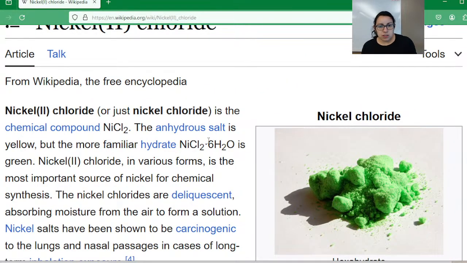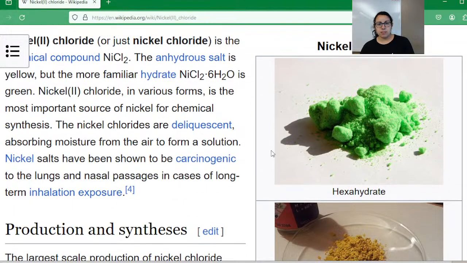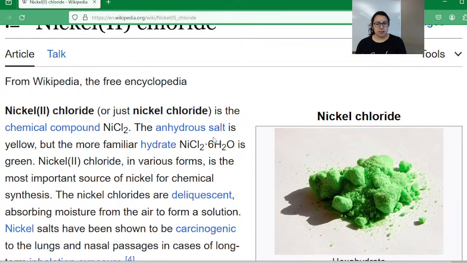But that dot signifies that the water is complexed to our nickel chloride, so it's essentially part of the compound and part of the crystal structure. Then you just put however many waters are on there. We had said hexahydrate, so that hexa is 6.